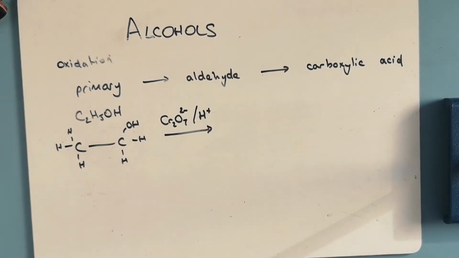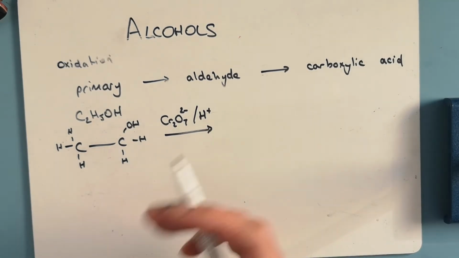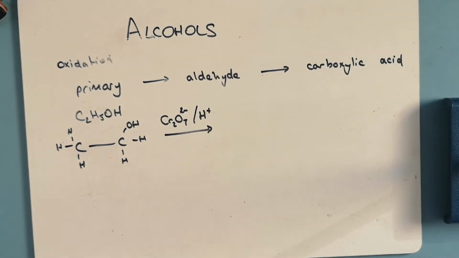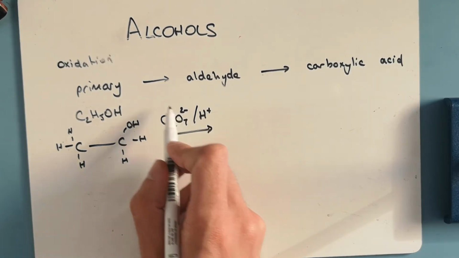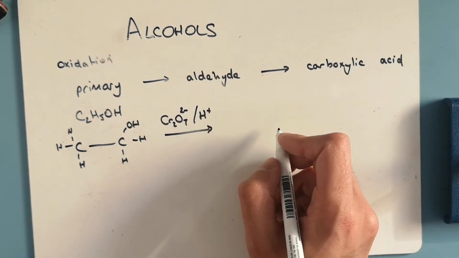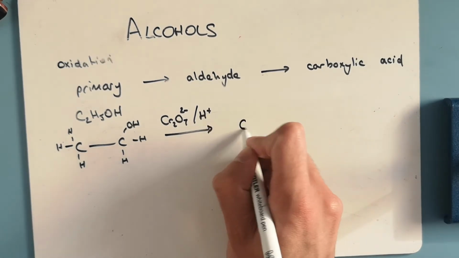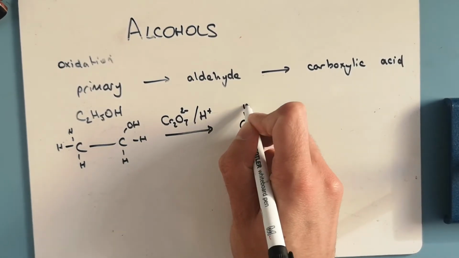So you could say that potassium dichromate is the common one with HCl or H2SO4. H2SO4 probably more likely. But you can also get away with just abbreviating it to the dichromate ion plus a H plus ion. And that, first of all, will go to an aldehyde.